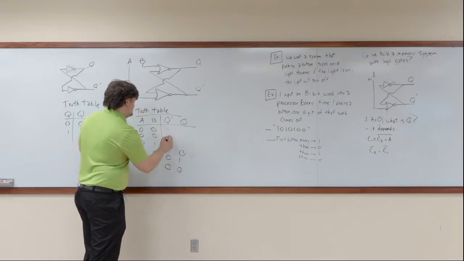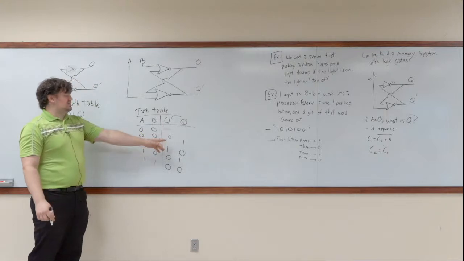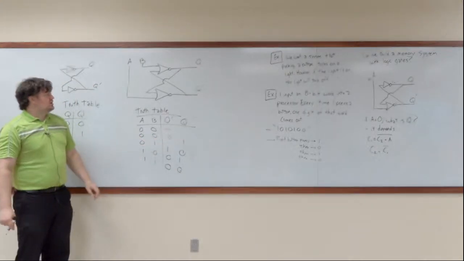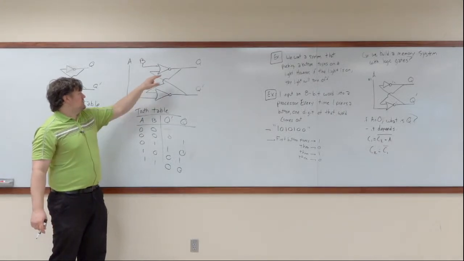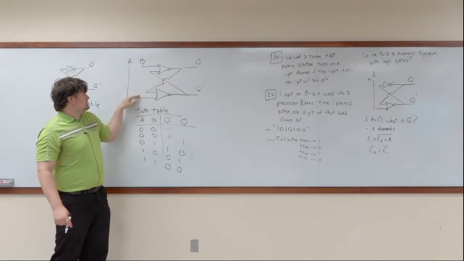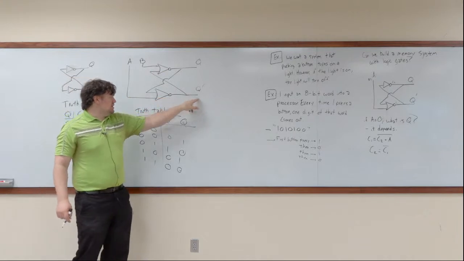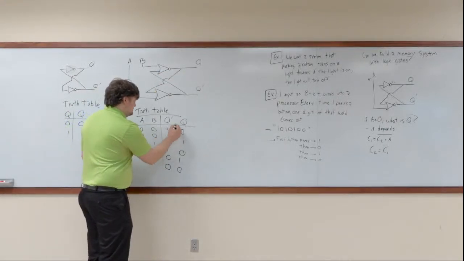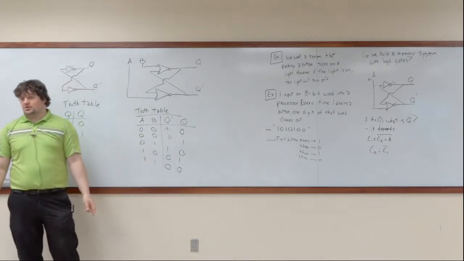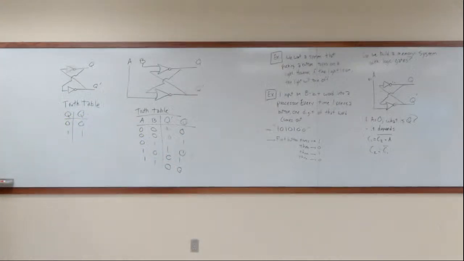Okay, so that means there's one condition where Q naught is 0 and Q is 1. But if this is 0 and this is also 0, then this is 1 and then this is 0. Both of those are simultaneously true.